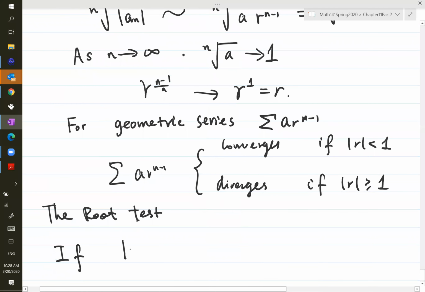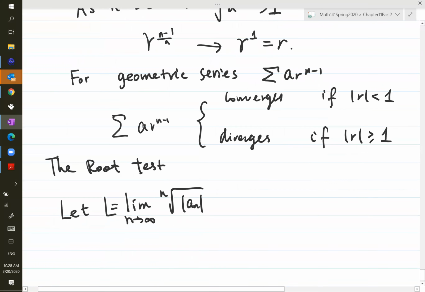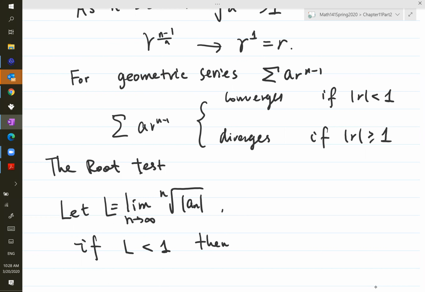The root test says: if the limit as n approaches infinity of the nth root of the absolute value of a_n, which should be comparable with the common ratio, is L, let L be this limit. If L is less than 1, then we can compare the given series with a geometric series with common ratio less than 1.